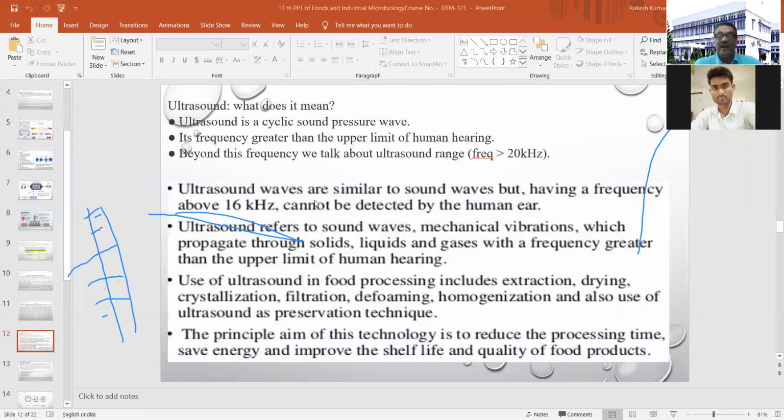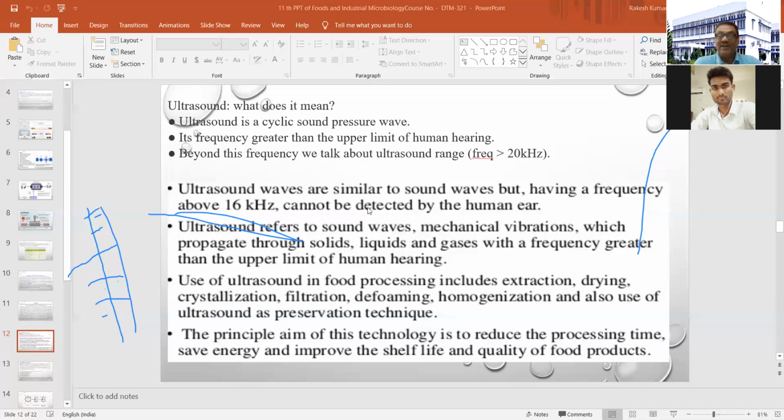So what is happening? How is it affecting microbial growth? Ultrasound is a cyclic sound pressure wave, and its frequency is greater than the upper limit of human hearing. Beyond this frequency, we talk about the ultrasound range. It means whatever frequency range is used in this method, it is greater than the upper limit of human hearing.